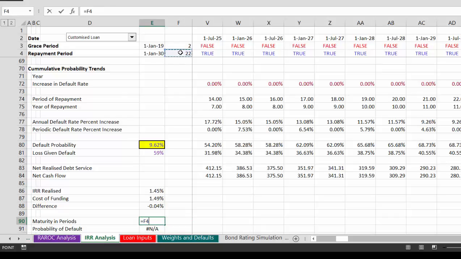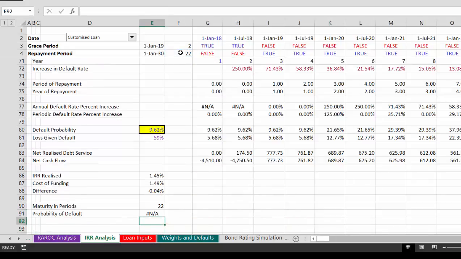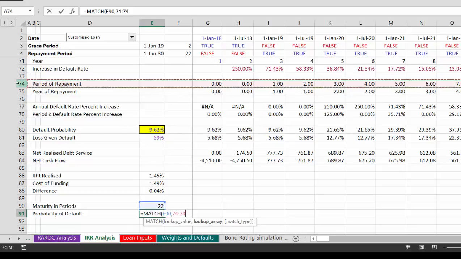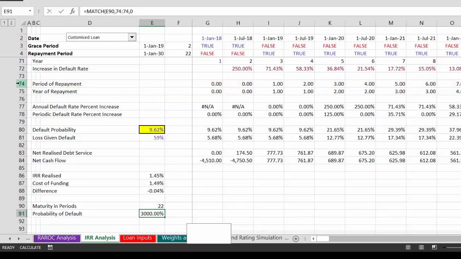And we put our repayment period, and then we put equal MATCH. And we put this in, and we click on all of the periods of repayment here, not the years, the periods. And we put 0, okay.